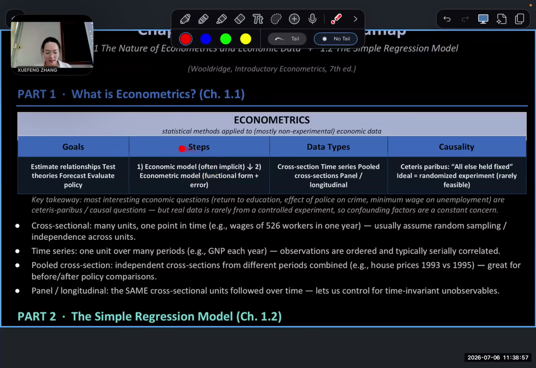I remind you that for economic model, you need to choose it based on the theory or literature. And then we have data types, right? Cross-sectional, time series, pooled cross-sectional, and panel. And then how we interpret causality, we use ceteris paribus, means all else held fixed, okay? The idea is from randomized experiment.